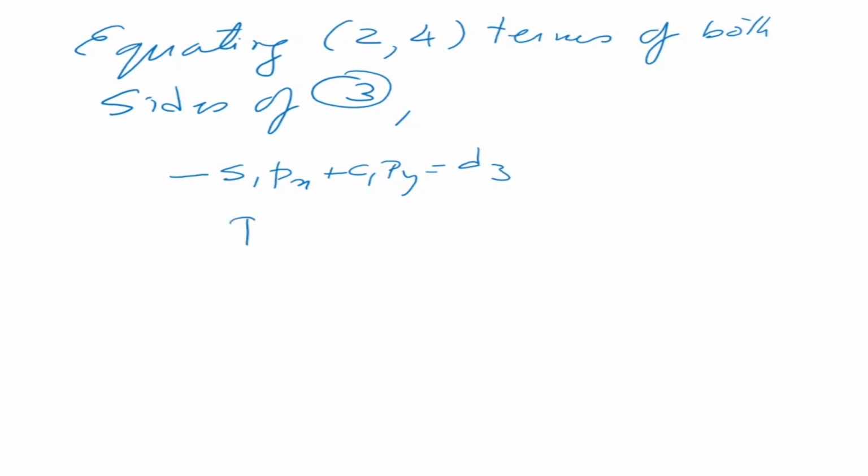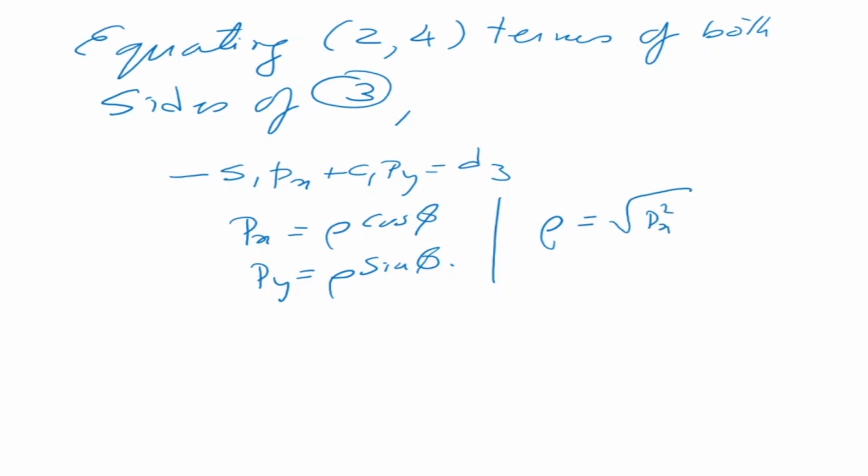From here we can make the substitution: px is equal to rho times cos phi, and py is equal to rho times sine phi, where rho is equal to root over px squared plus py squared, and phi is equal to atan2 of px, py. Now if you make the substitution, we can solve and get theta 1.